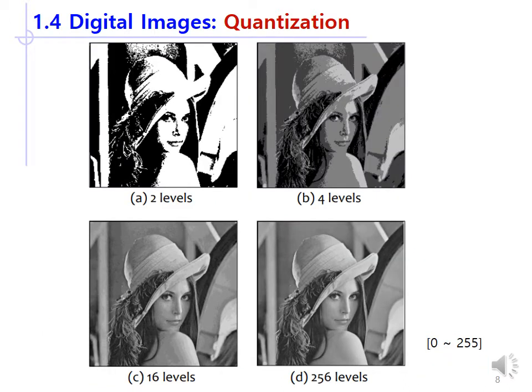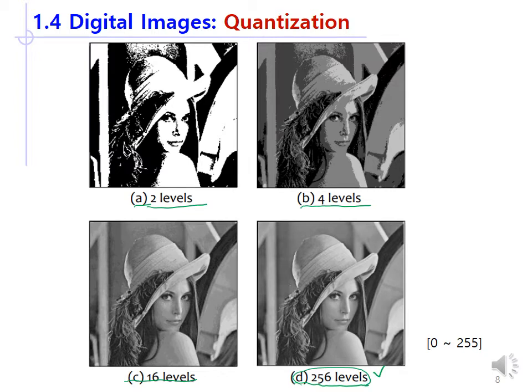This image shows the effect of quantization. Image A uses 2 levels, black and white, image B has 4 levels, image C has 16 levels, and image D has 256 levels. This is a typical grayscale image that uses 256 levels.